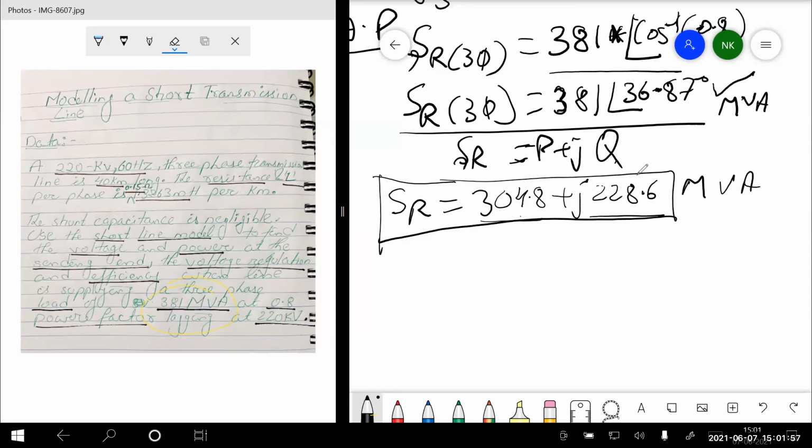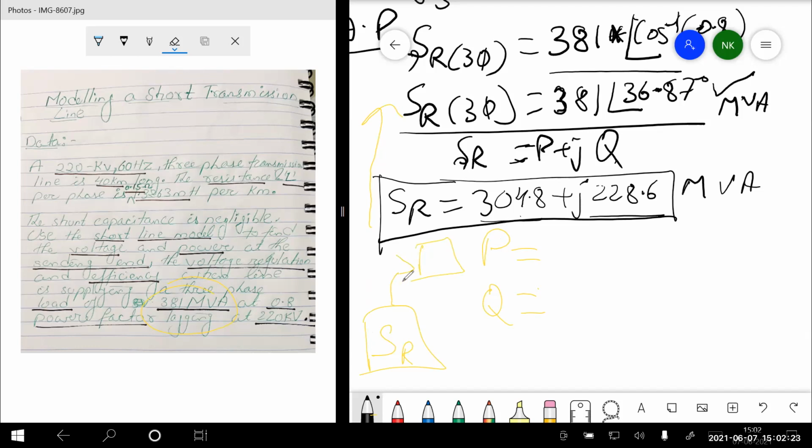If you go in the downward direction, you are given the active power and the reactive power, right? And now it has been asked that you have to find the apparent power. So apparent power would be only the magnitude.